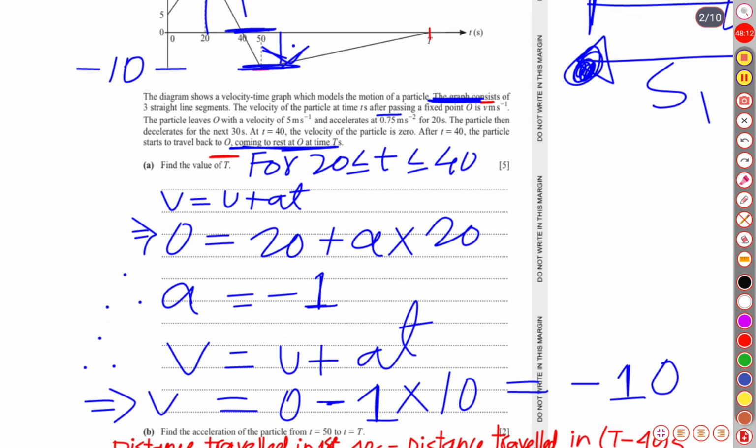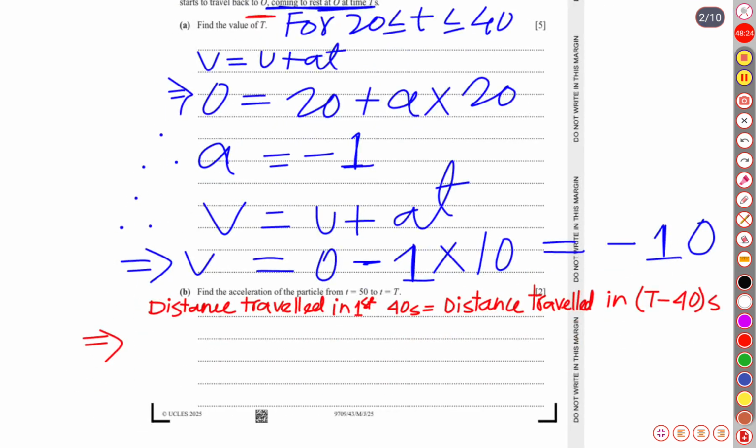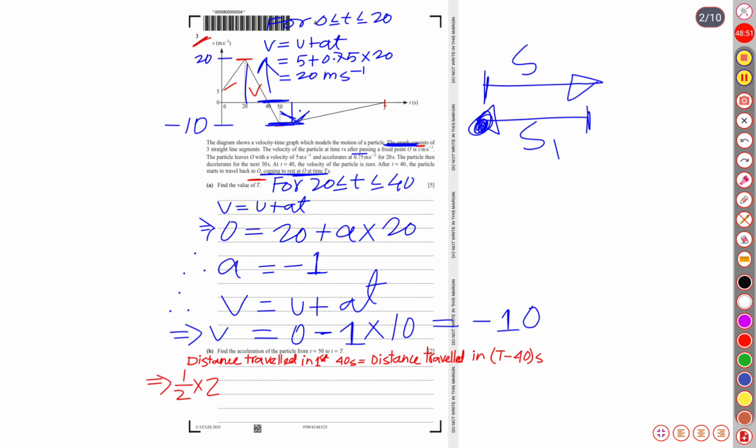Then the distance traveled in the first 40 seconds. In the first 40 seconds there are actually two shapes. The first one is a trapezium, and the second one is a triangle. For the trapezium, the area is half of, the time is not 40 seconds, the trapezium covers 20 seconds, so it is going to be 20.